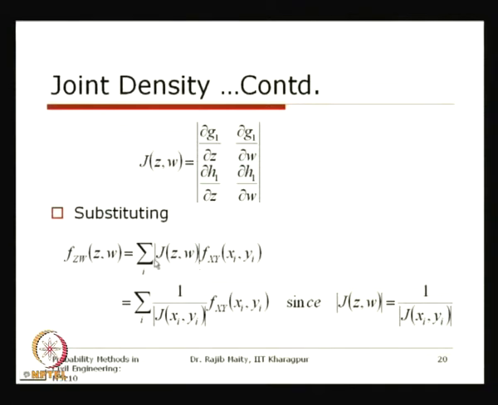One-to-one transformation means there will be only one root, so there is no need for this summation. That is, f of Z, W will be equal to the Jacobian multiplied by the joint density of the original random variables expressed in terms of Z and W. That is important.